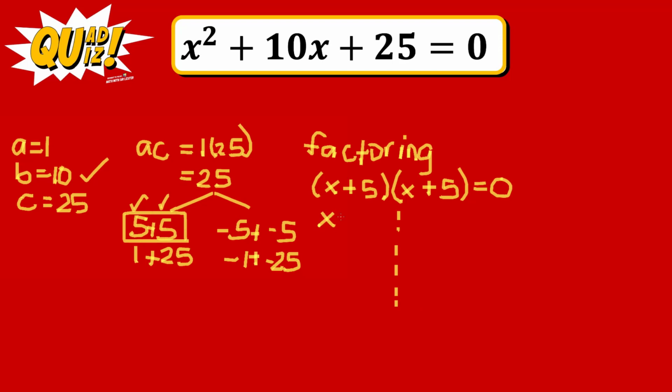And the zero factor or the zero product property tells us that the entire expression is equal to 0 if one or both of the factors is equal to 0. So both of them are equal to 0. Therefore, the first root is negative 5 and the second root is also negative 5. And this is why earlier we only have one example of the root, since they both have the same value. So our root here is negative 5 with multiplicity of 2, meaning there are two negative 5 here.